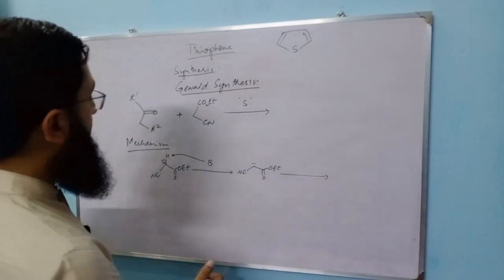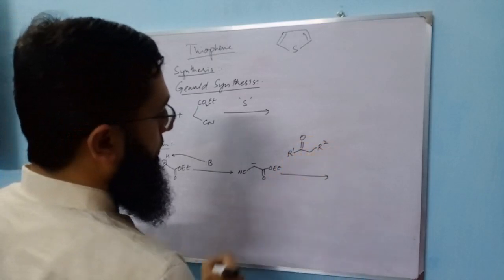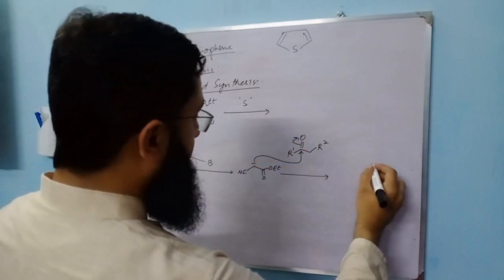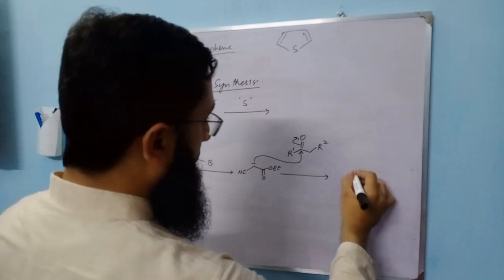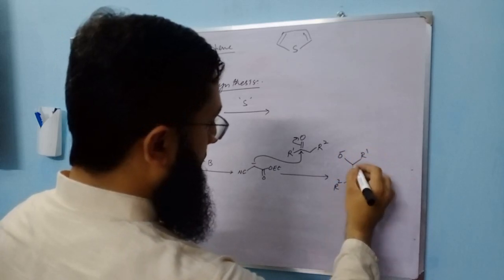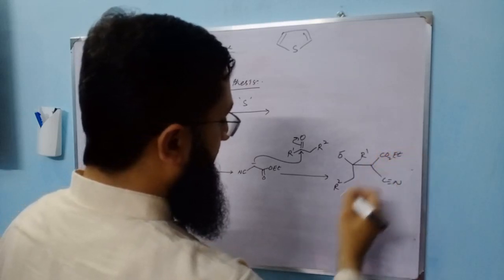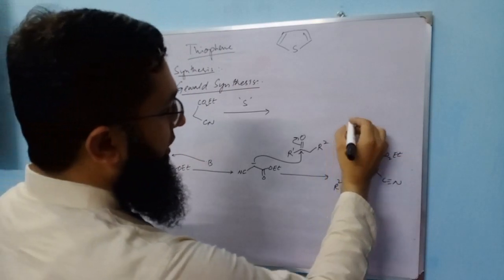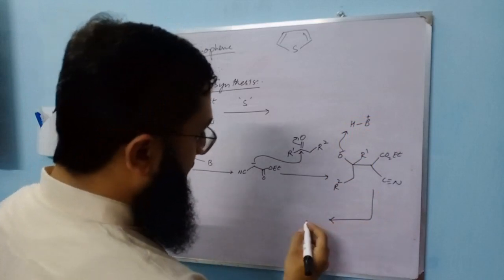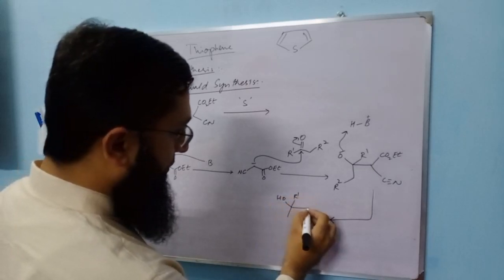And this enolate reacts with the carbonyl compound here, and we get this, and this negative charge takes a proton from the solvent, and as a result this is produced.